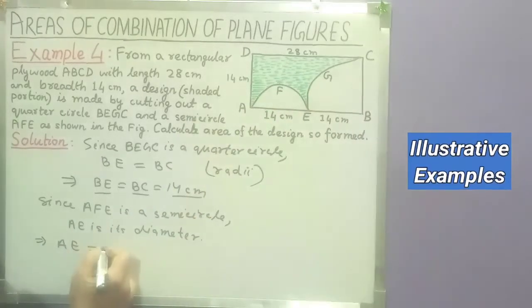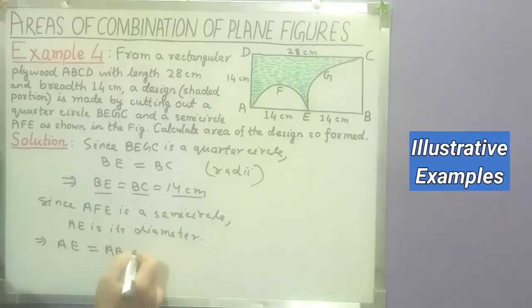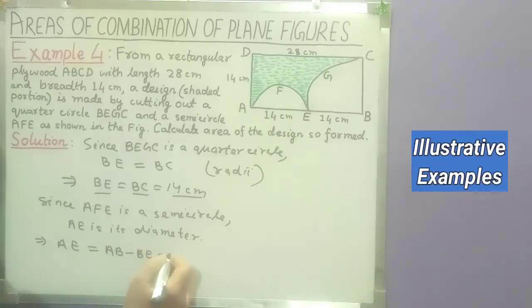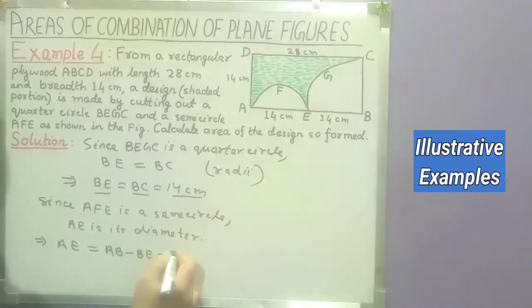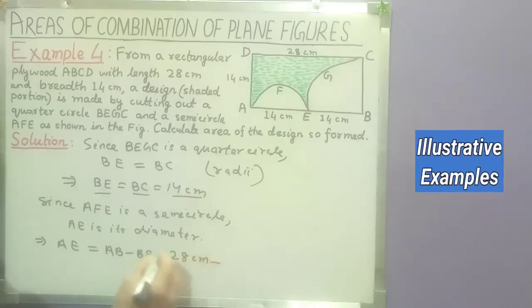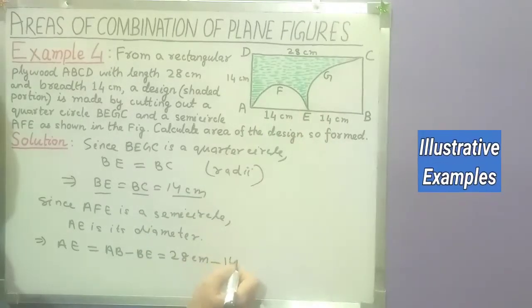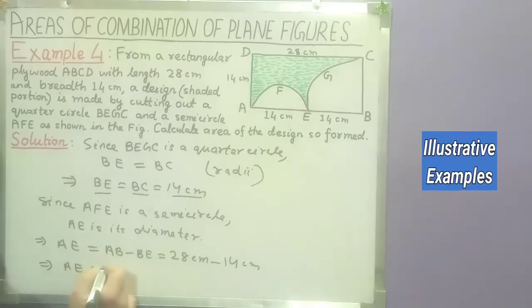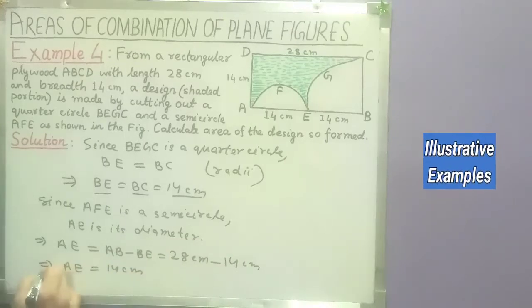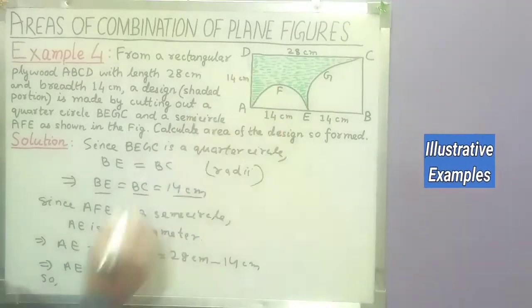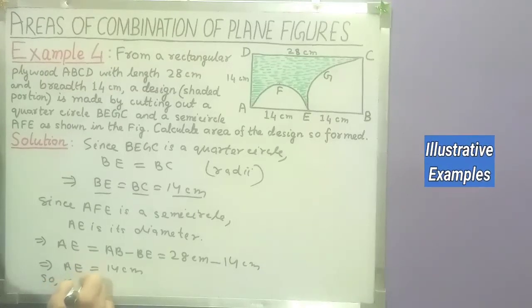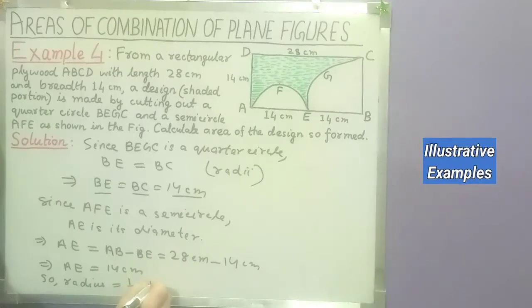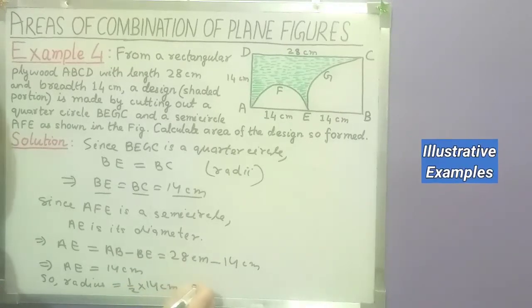Also, AE equal to AB minus BE, that equal to 28 centimeter minus 14 centimeter, that equal to 14 centimeter. Thus, AE equal to 14 centimeter. So, radius of the semicircle AFE equal to half into 14 centimeter, that equal to 7 centimeter.